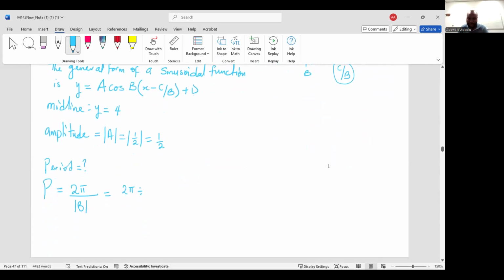We need b here now. So that is 2 pi divided by 1/3, which is 2 pi times 3 over 1, and that is 6 pi. What does that mean? It means it takes the function 6 pi to complete one rotation.